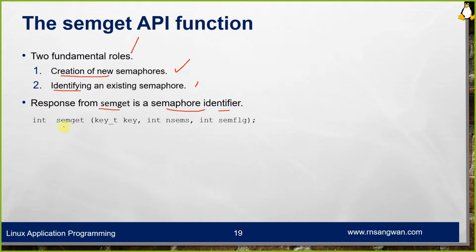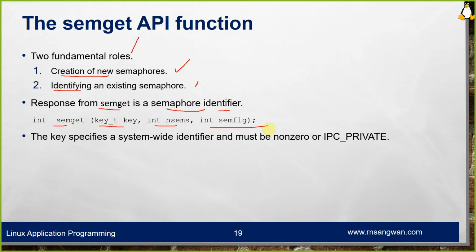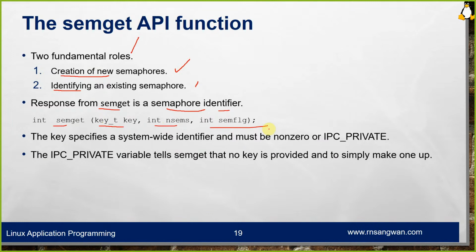And this is the prototype: semget, key and nsems, that means number of semaphores, and the flag. The key specifies a system-wide identifier and must be non-zero or IPC_PRIVATE. The IPC_PRIVATE value tells semget that no key is provided and to simply make one up.